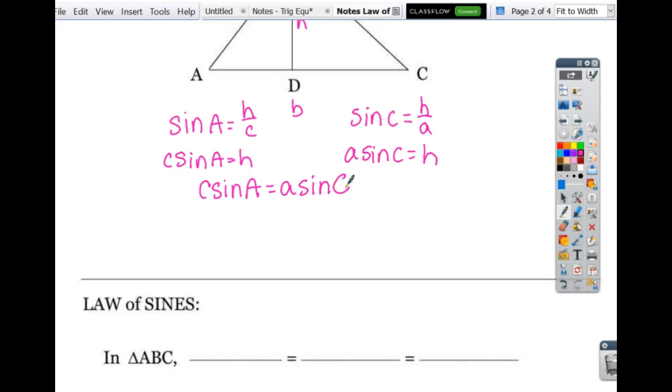So, can I set up a ratio though? Can I put all the c's over each other and all the a's over each other? Because if I divide this by c and this by c, those cancel out. So if I divide this by a and this by a, those cancel out. So I just have ratios now, don't I? The sine of A over a.